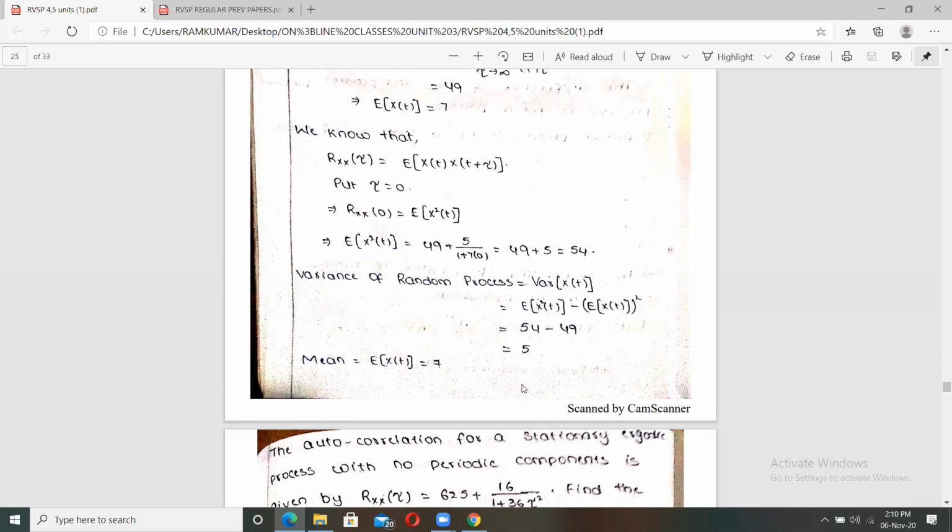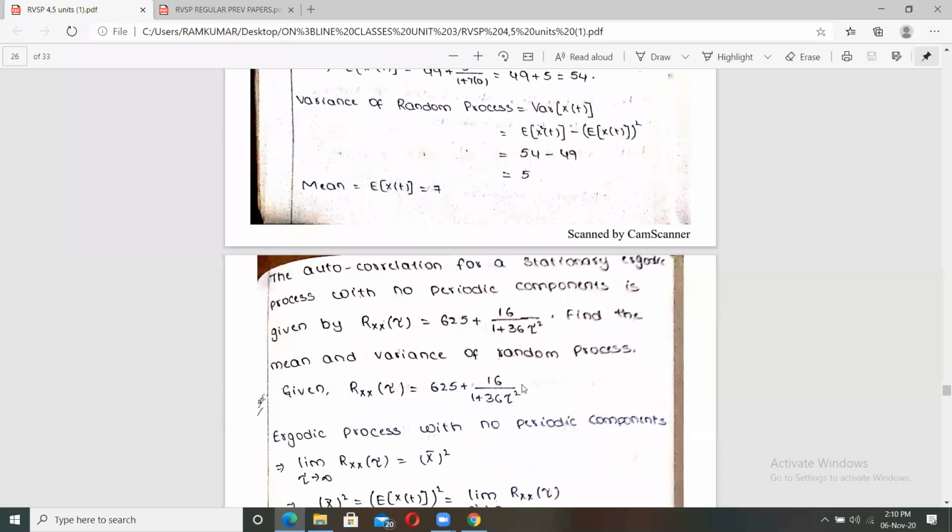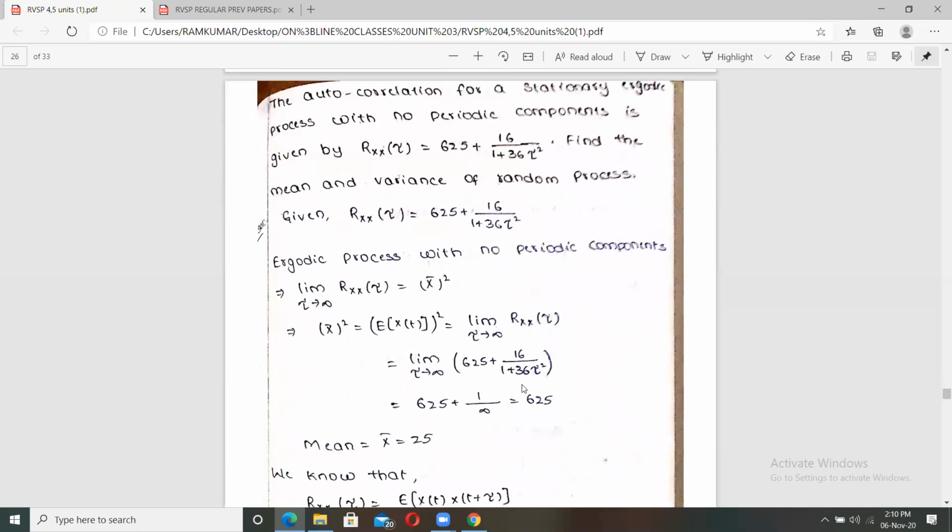All of you please practice the two problems discussed in this class regarding the autocorrelation function and ergodic functions. Both are similar problems, and this model is important.